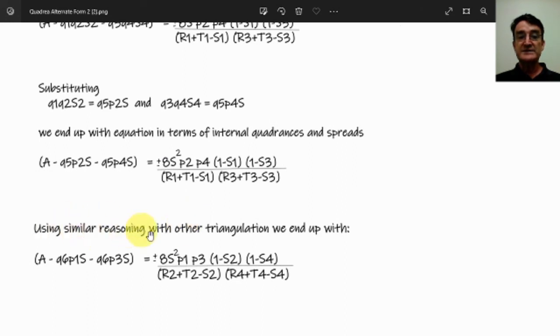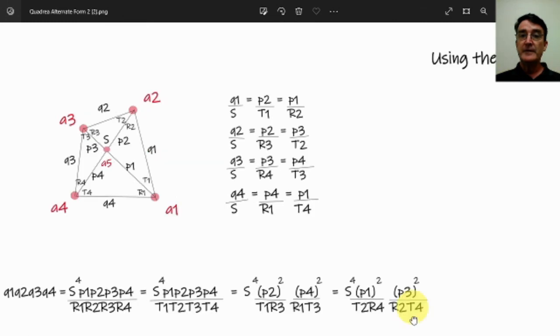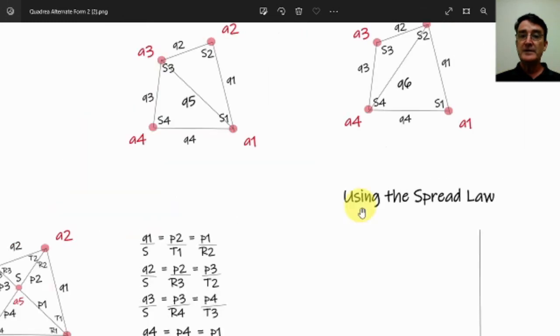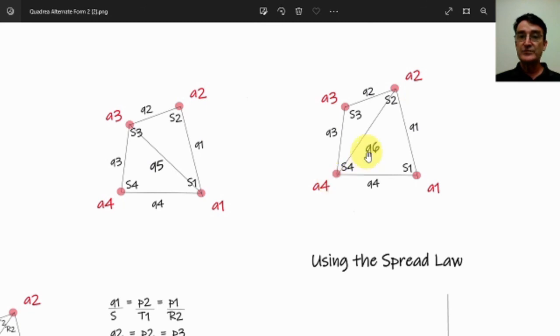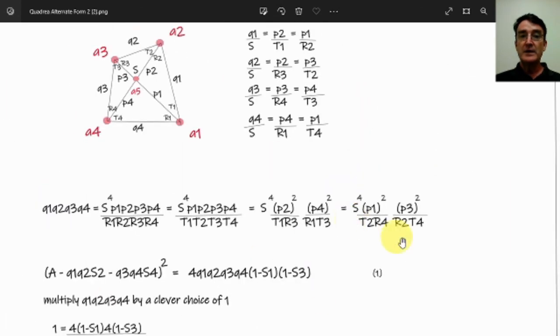And using similar reasoning with the other triangulation, up here we had this triangulation of the projective quadrangle with quadrance Q6 between A2 and A4, and also using a similar derivation process for Q1, Q2, Q3, Q4, but we're going to use this term here, S to the 4 times P1 squared times P3 squared divided by T2 R2 T2 R4 R2 T4.